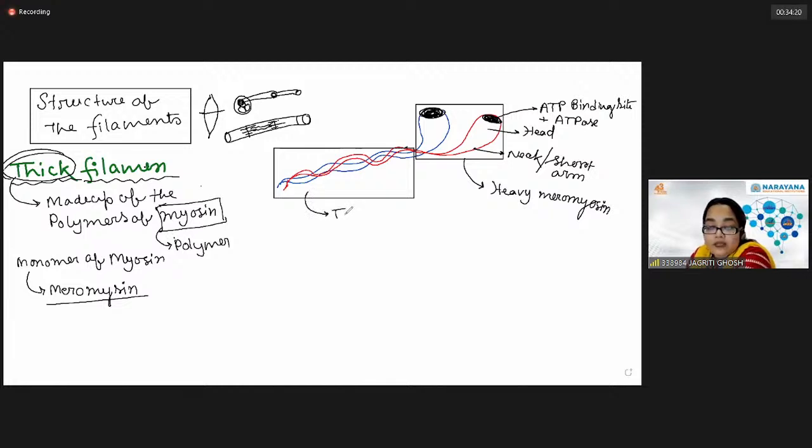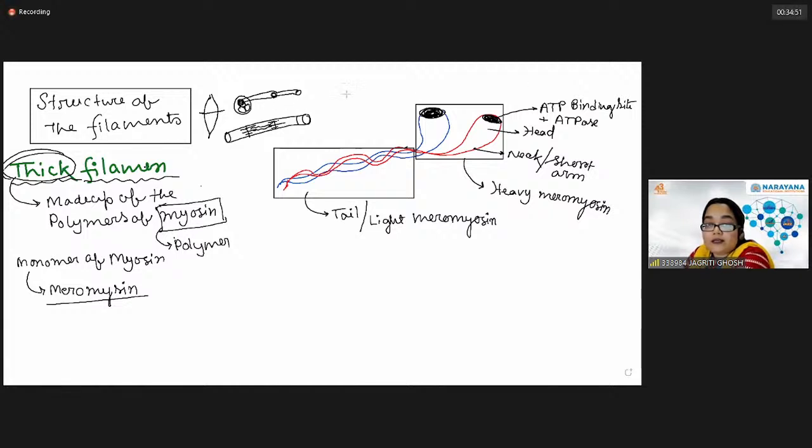It is also called the light meromyosin. So in total, this is a myosin.